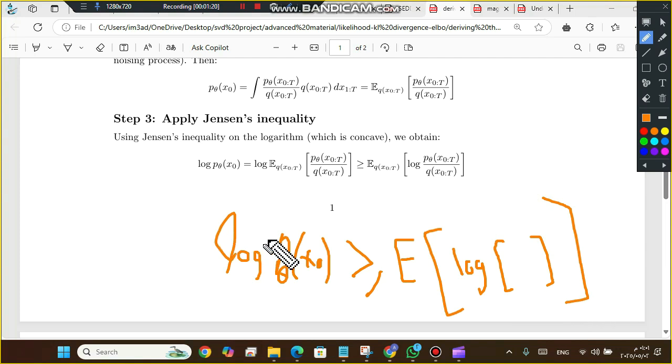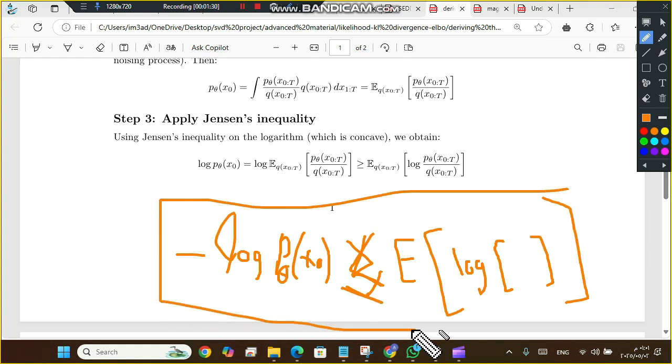Very nice. So if I add a negative sign, I can flip this and write it in the opposite direction. So this is what we have reached so far.